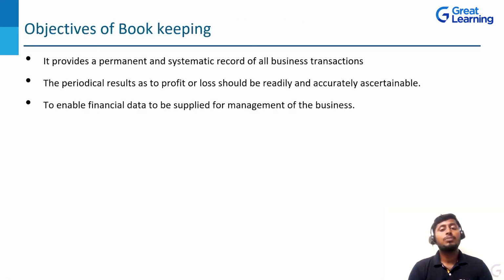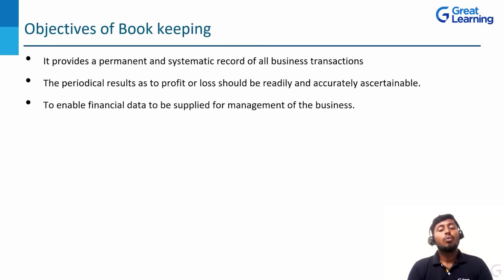Next, objectives of bookkeeping. These are the 3 major objectives of bookkeeping. We have n number of objectives, but these are the main ones. First, it provides a permanent and systematic record of all the business transactions.